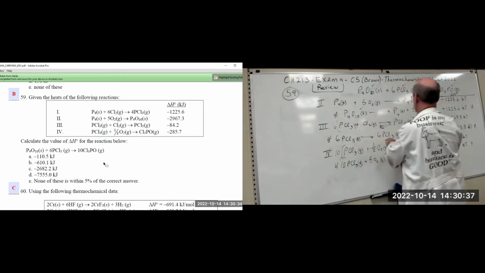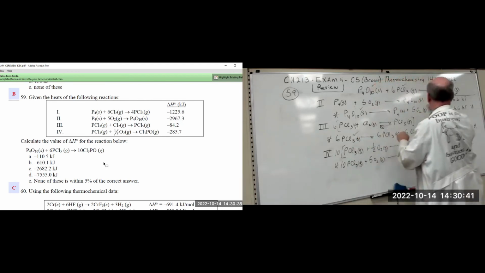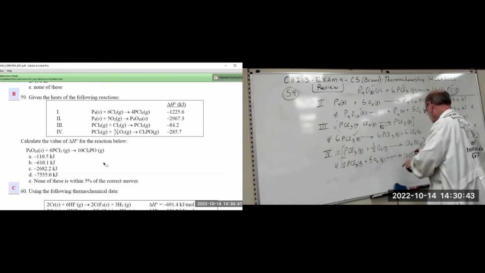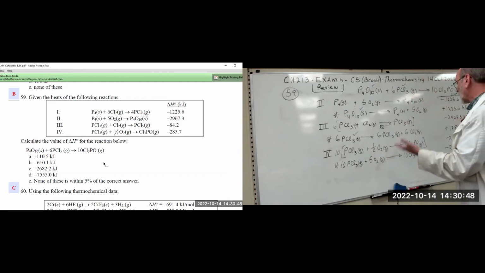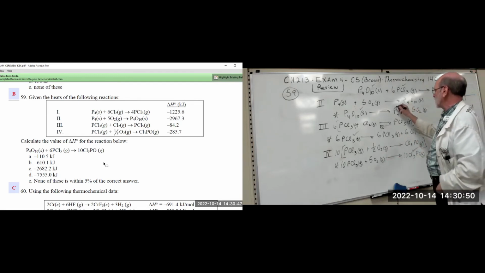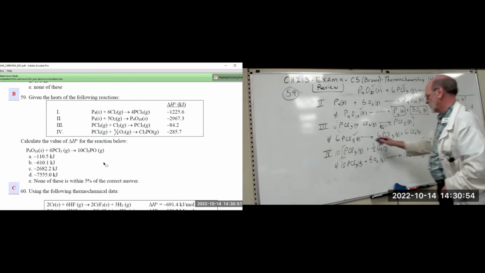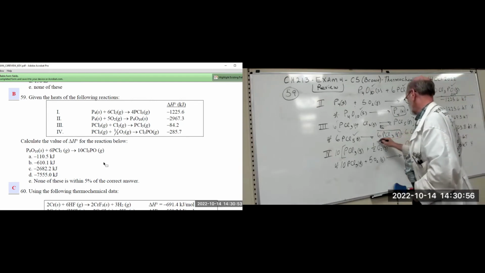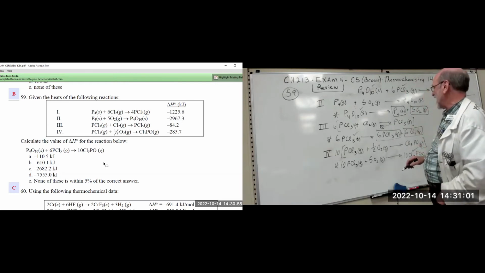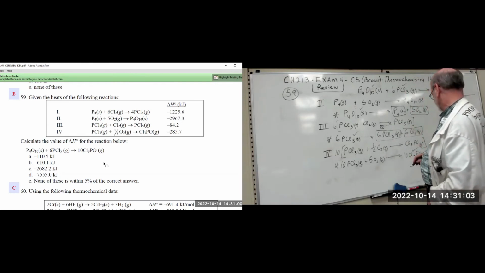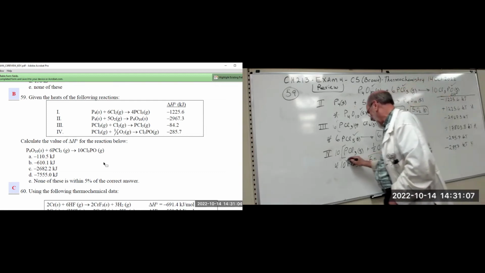We got PCl5. We got this one here. And we got this one there. So what have we done? We've added that one, this one, and this one. And we've added this one and this one.